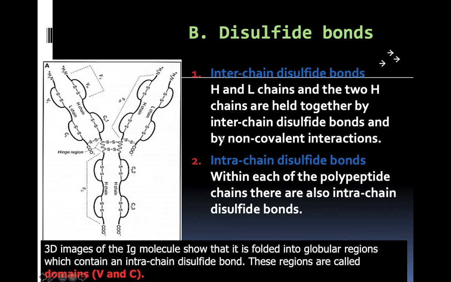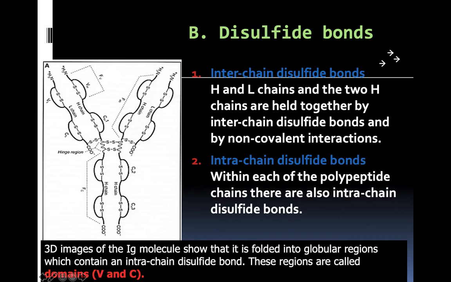Within each of the polypeptide chains, they can exist as stabilizers within each. Intra means within the molecule, while inter is across the different polypeptide chains. So within each of the polypeptide chains, our intrachain disulfide bonds are appreciated as follows. So intrachain, within each of our separate polypeptides.